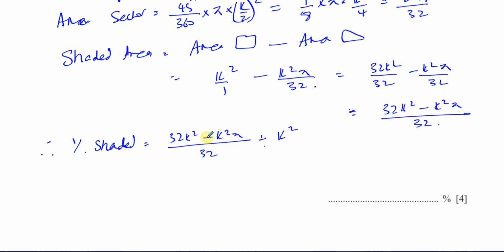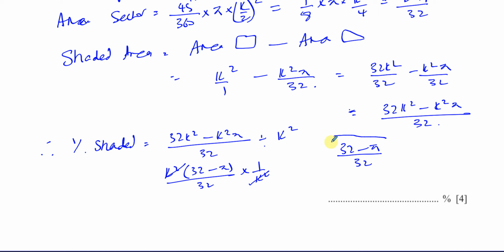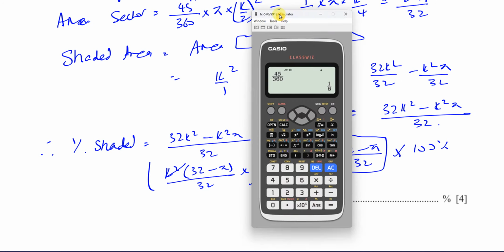So this k squared is common, so you have k squared times 32 minus pi over 32 times 1 over k squared. The k squareds cancel out, so we're left with 32 minus pi over 32. This is multiplied by 100%. And that will give us the percentage that is shaded.